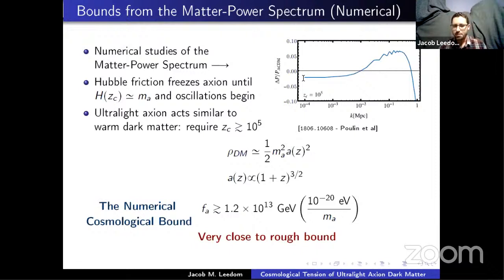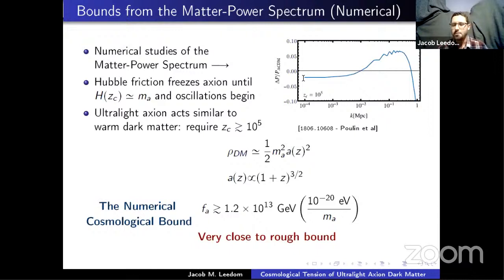Again, assuming that the axion is dark matter and that the dark matter density is dominantly given by the quadratic term, and then using information about how the amplitude changes with the redshift, we can again arrive at a very similar looking bound, a lower bound on the axion mass and decay constant, which I'll call the numerical cosmological bound. This is very similar to the one I just gave from the back of the envelope description, up to some fudge factor to get things right.